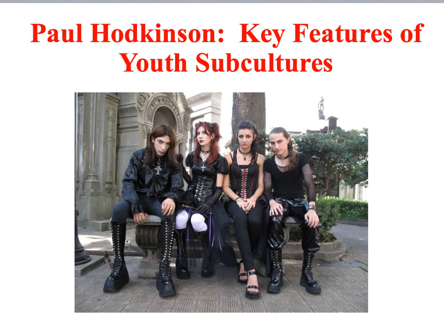Firstly, there's the importance that youth cultures attach to developing a very distinctive style. So if we take the goth youth subculture, even though there's some diversity within the subculture, goths are relatively easy to recognise as belonging to that particular subculture.